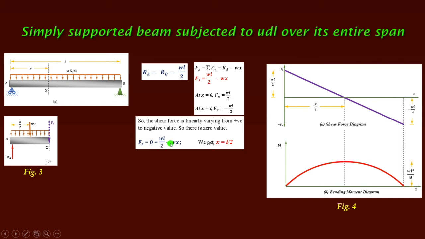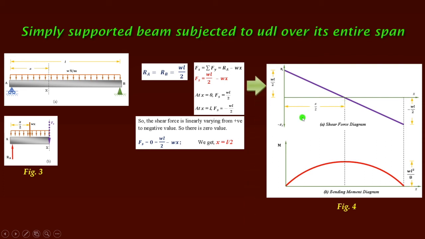So omega L by 2 minus omega x equals to 0. It gives us x equals to L by 2. Means the shear force diagram will intersect the x axis at the middle. So the shear force diagram is a straight line starting from value omega L by 2 to minus omega L by 2 and intersecting the x axis at a distance of L by 2.